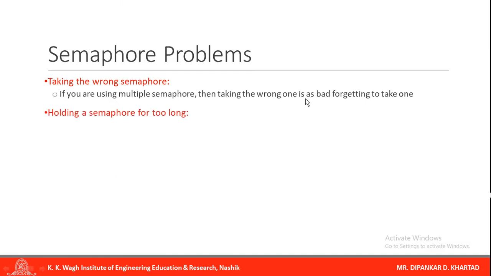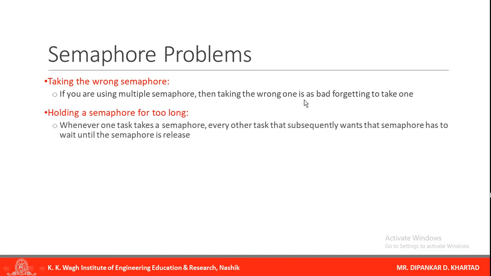And next is holding a semaphore for too long. Whenever one task takes a semaphore, every other task that subsequently wants that semaphore has to wait until the semaphore is released. So these are the four problems related to semaphores.